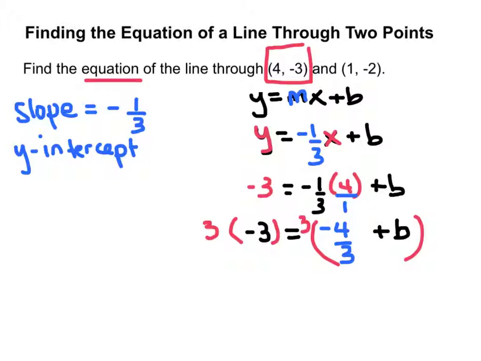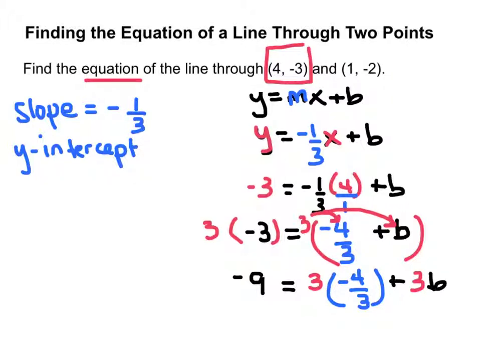So 3 times -3 is -9. And I want to show that I'm distributing the 3 to both terms. So I'll do that. 3 times -4/3 plus 3 times b.